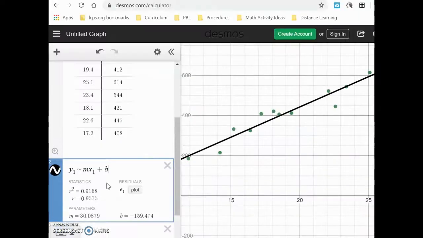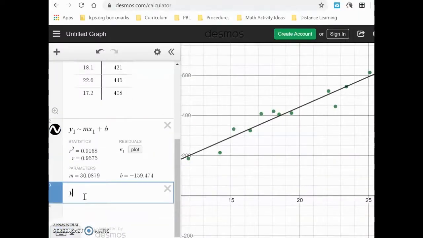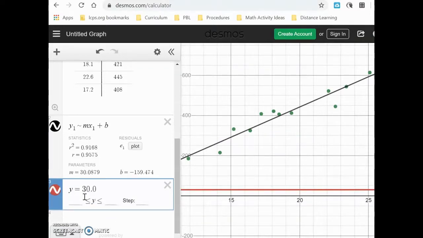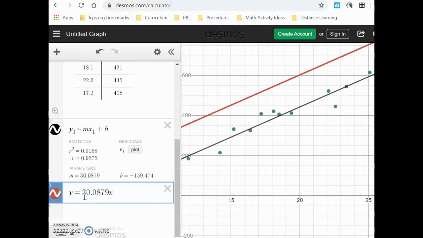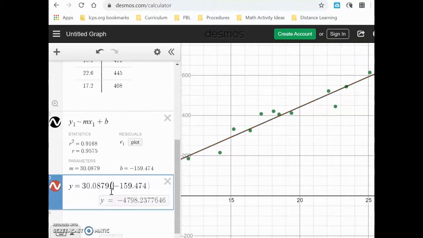So I'll go back to Desmos and type in my equation: y equals 30.0879x minus 159.474. What I can do now is replace x. It was at 23 degrees Celsius, right?